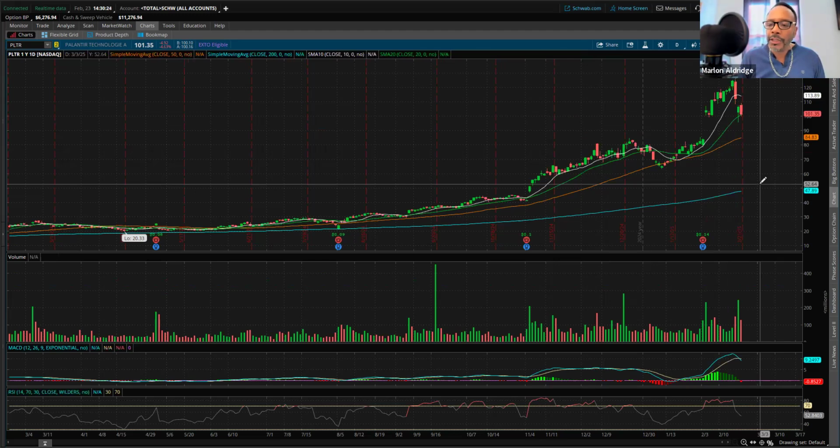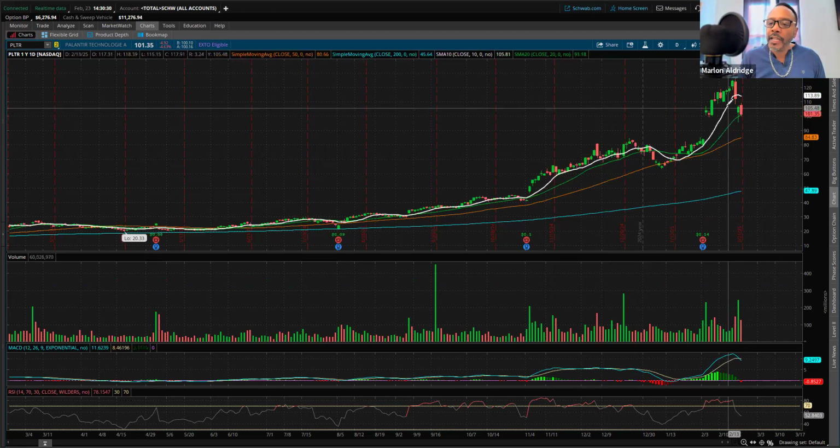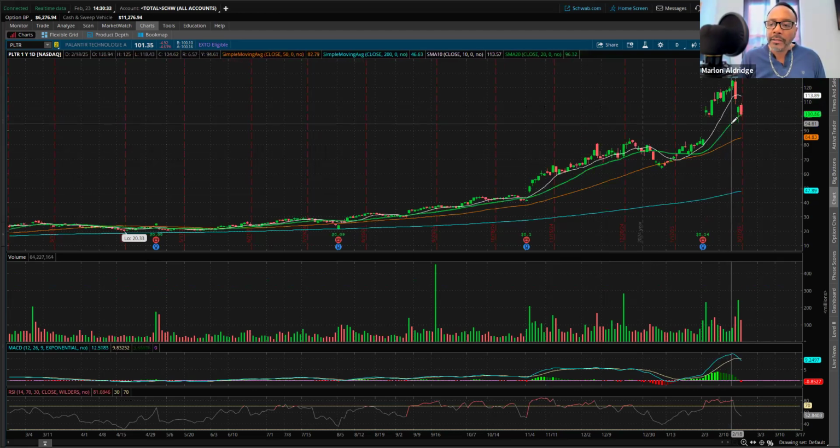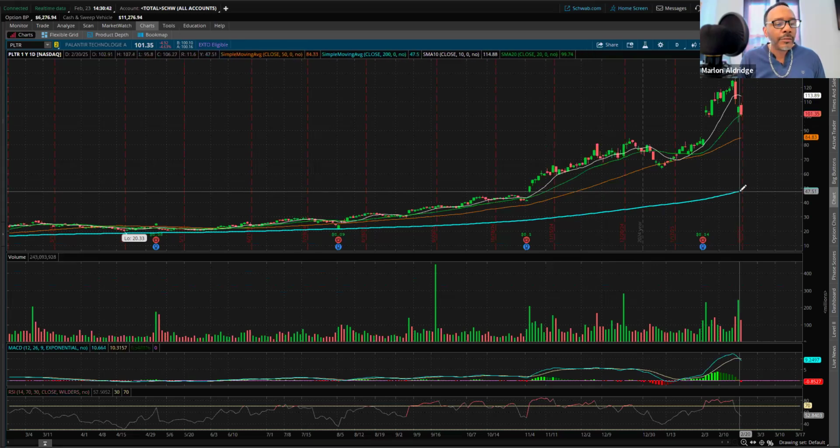Generally, what we want to see is the 10-day moving average should be greater than the 20-day. The 20-day should be greater than the 50-day. And the 50-day should be greater than the 200-day. Okay?